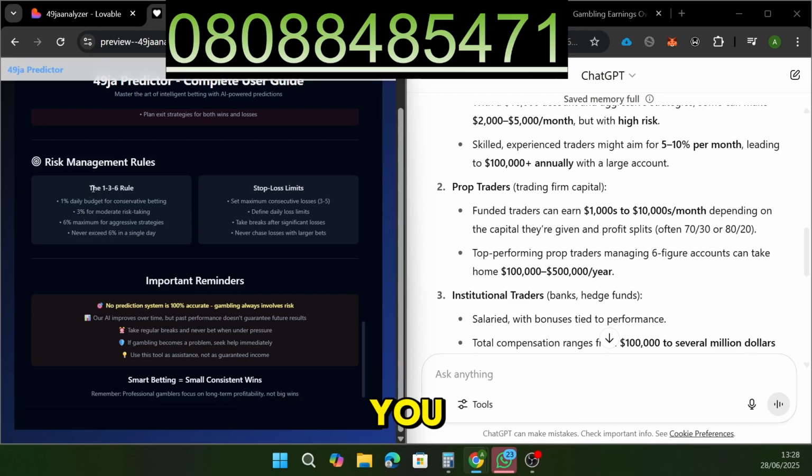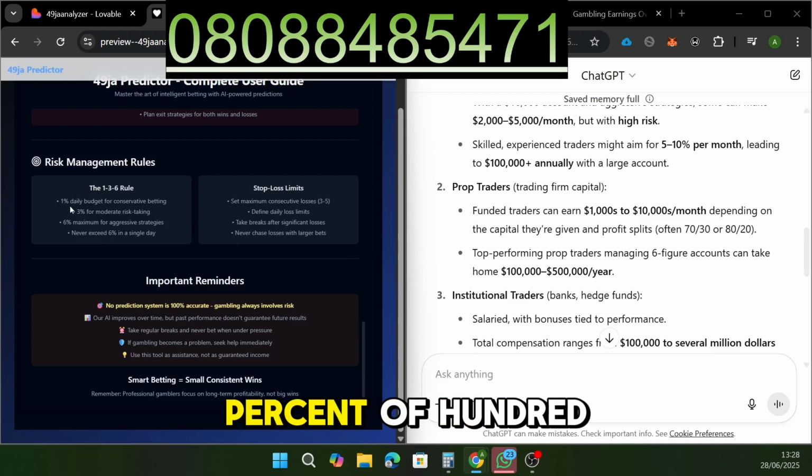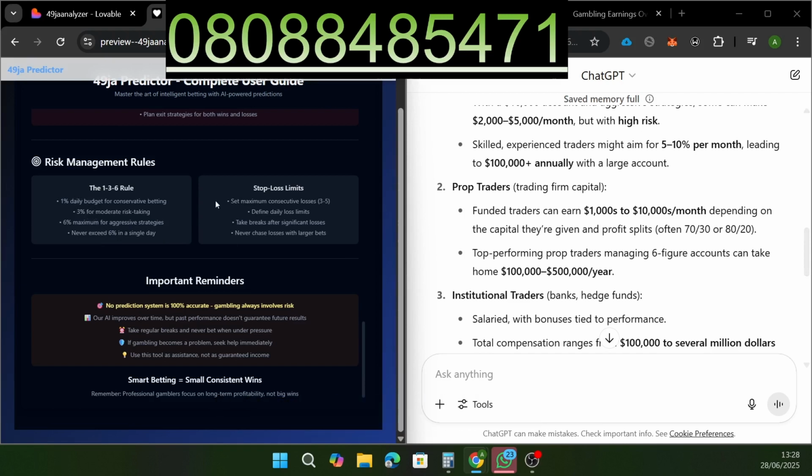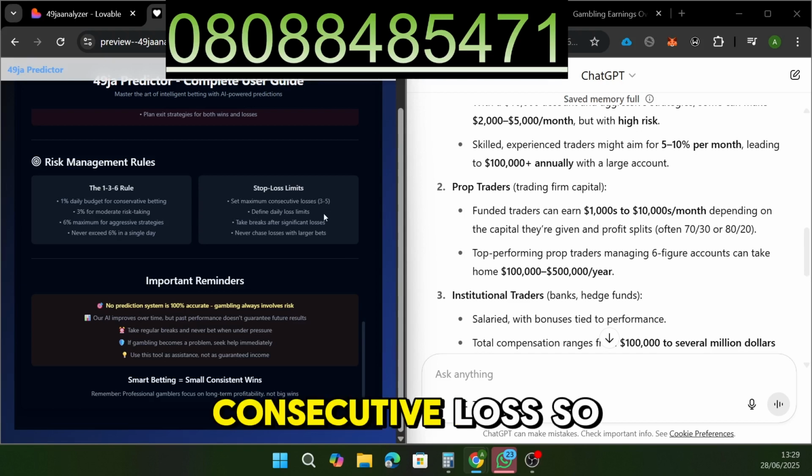Number one, either you risk 1% of your overall capital, or you risk 3%, or you risk 6%. Assuming you have 100,000, risking 1% of 100,000 is $1,000. And for stop loss limits, we have 3 to 5 consecutive losses.